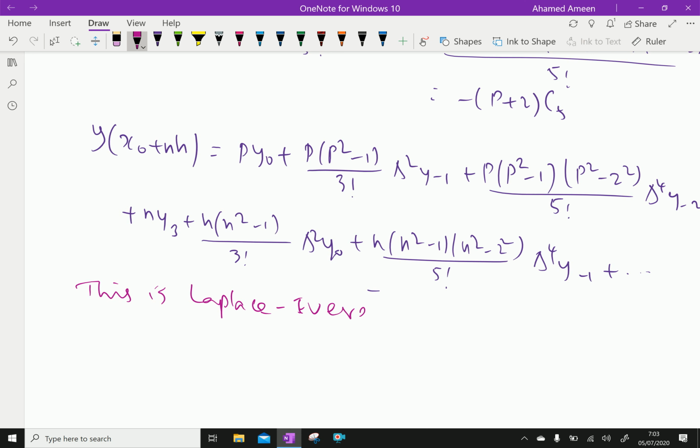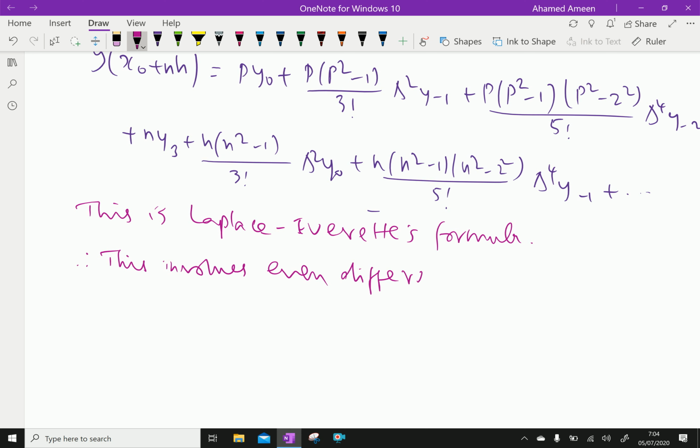Here, this formula involves only even differences on and below the center line.